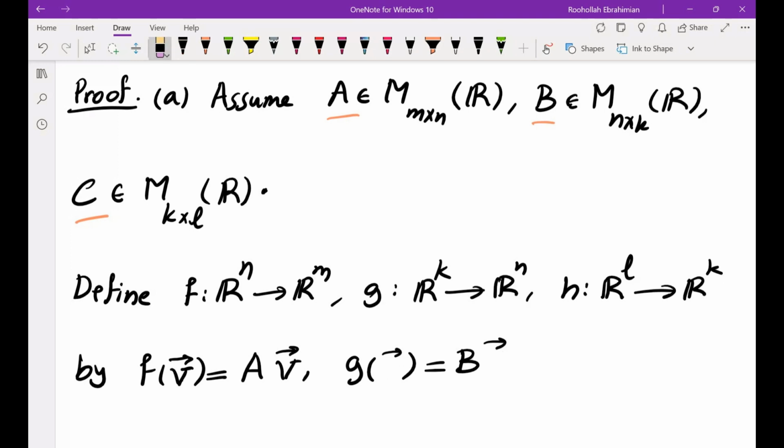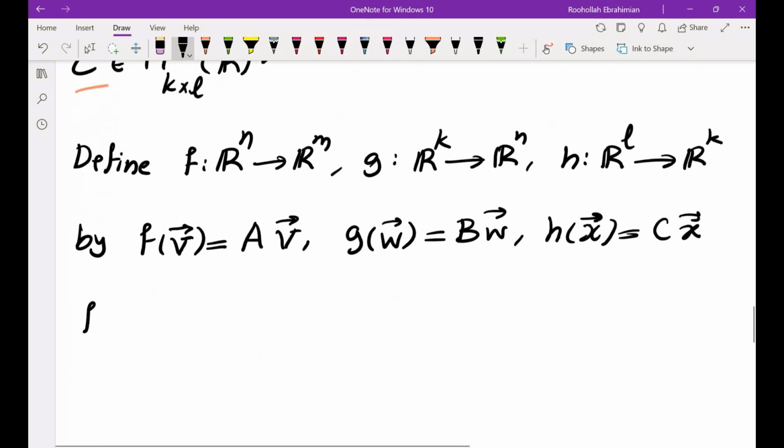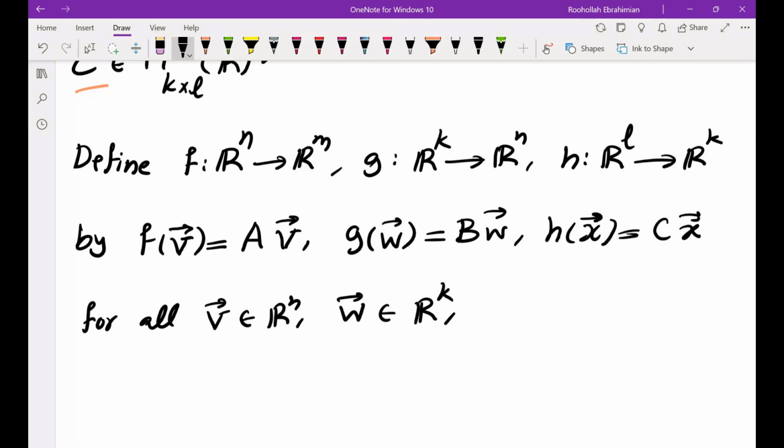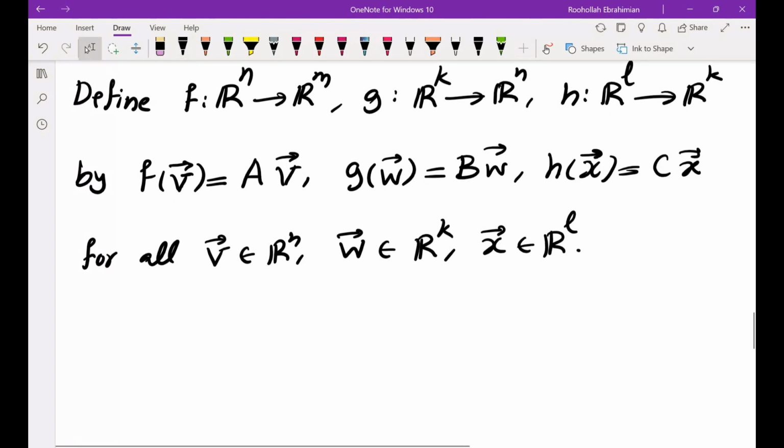Maybe I will change that to w. And h of perhaps x is equal to c times x for all v in Rn, w in Rk, and x in RL. So we're going to define these transformations.